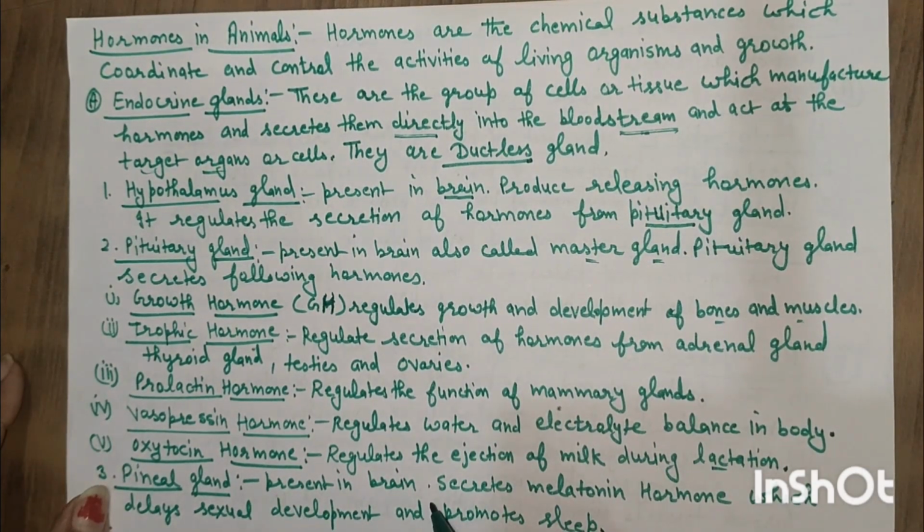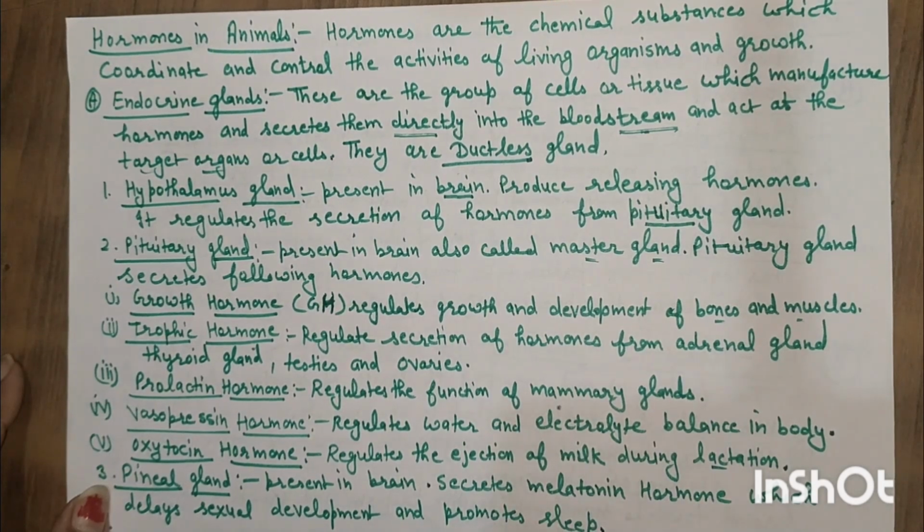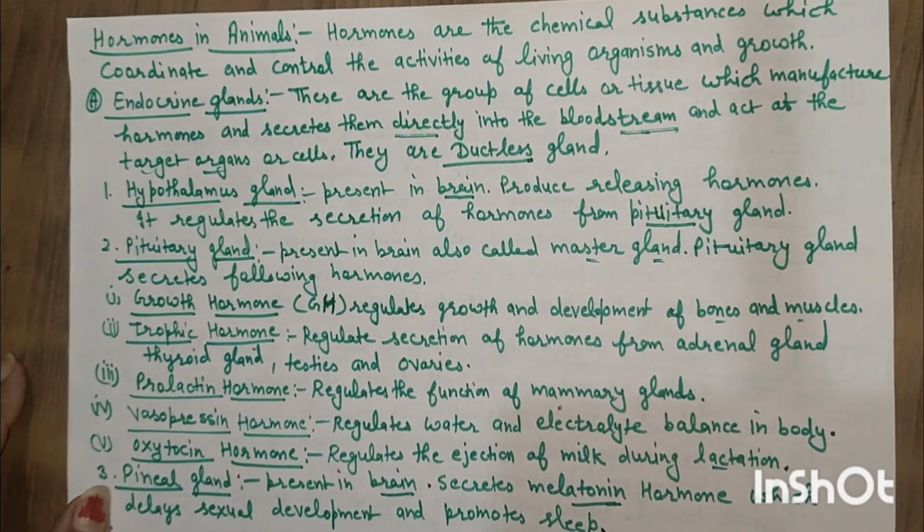Pineal gland is present in the brain. It secretes melatonin hormone which delays sexual development and promotes sleep. Melatonin hormone is secreted by the pineal gland and it helps in delaying sexual development and promotes sleep.